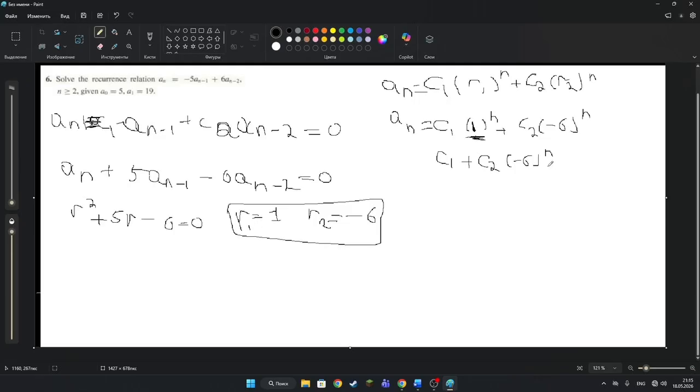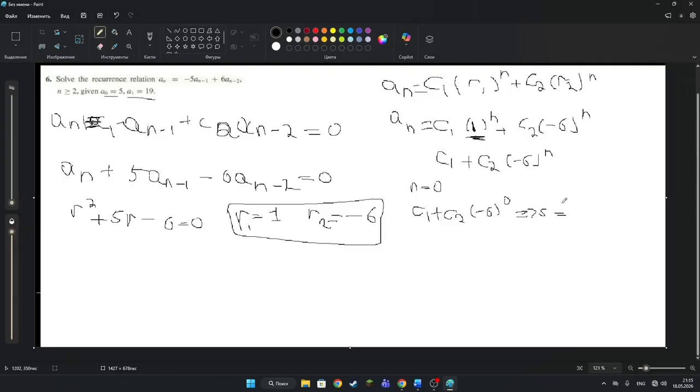So just replace like this. For example, if n equals 0, this is c1 plus c2 times minus 6 to the power of 0, it's 5.